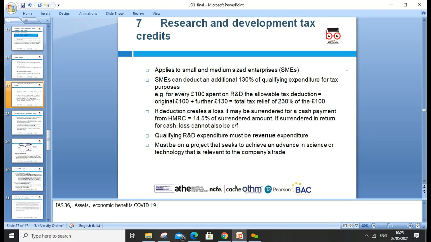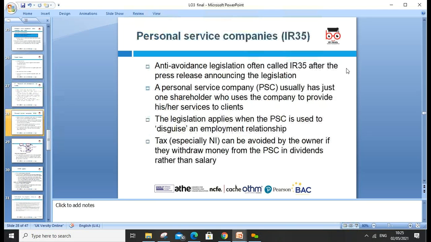So there can be various issues, so we need to look around. Is it a qualifying period? Does it qualify or not? The personal service company, we know IR35. Are we dealing with IR35? Not yet. Okay, so this is anti-avoidance legislation, often called IR35.